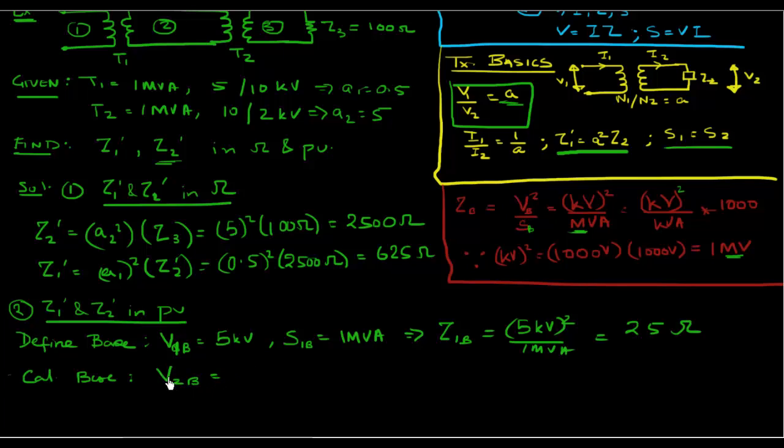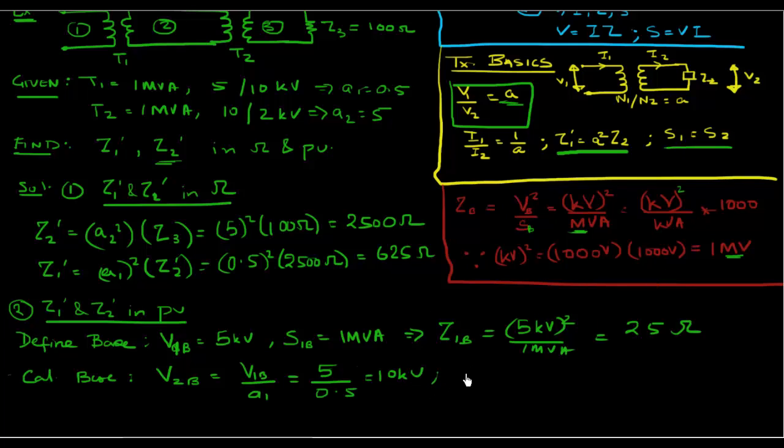My voltage base in circuit 2 using this equation is going to be voltage 1 base over A1. Voltage 1 base is 5 kV as I defined, over A1, and my A1 value is 0.5 here. So that gives me 10 kV.